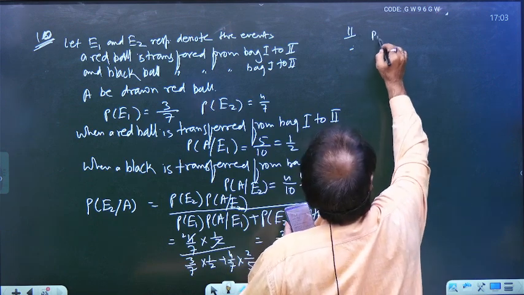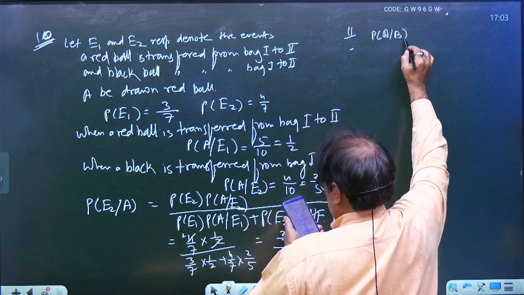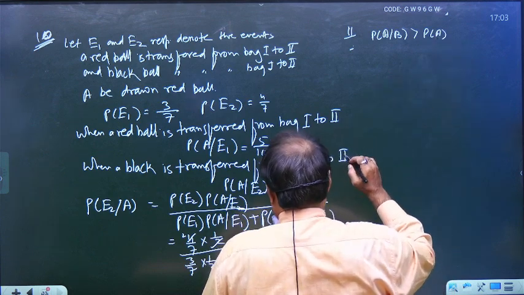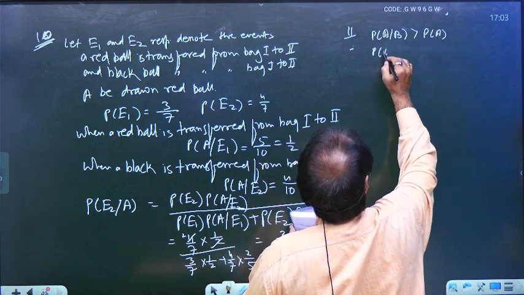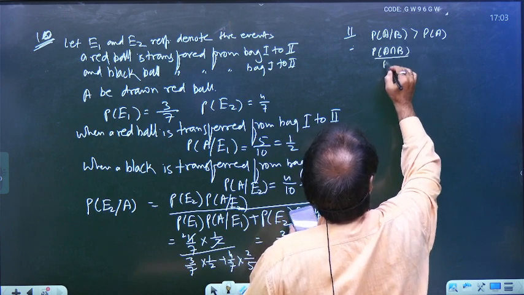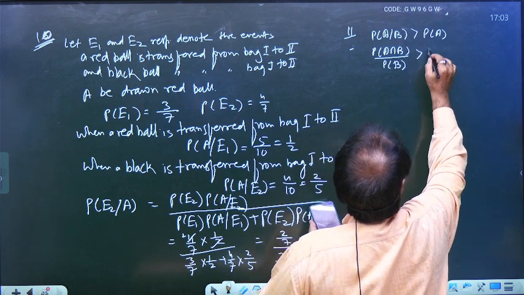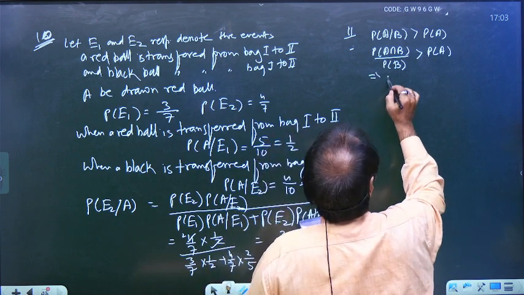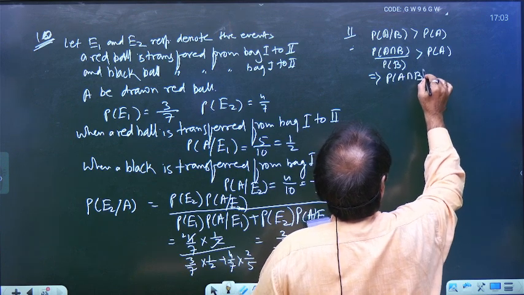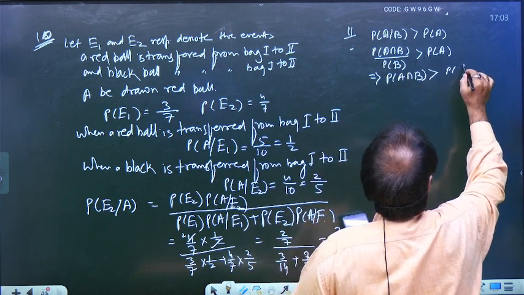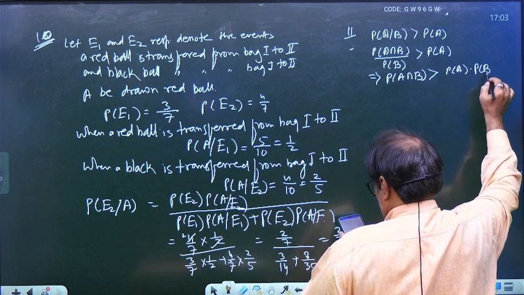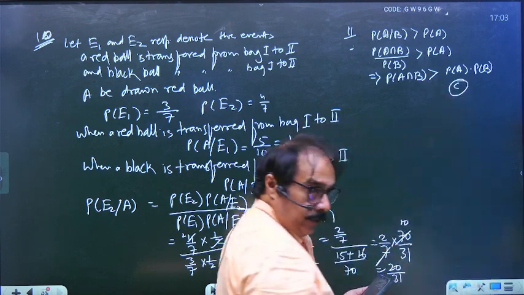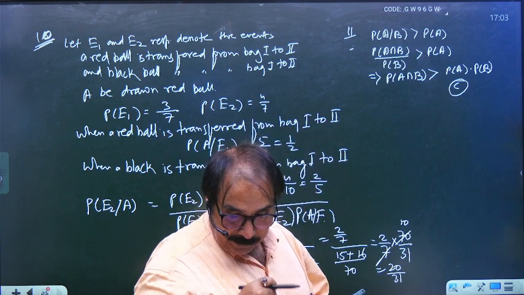What is given: probability of A by B is greater than probability of A. So probability of A by B means probability of A intersection B upon probability of B is greater than probability of A. By cross multiplication, probability of A intersection B is greater than probability of A into probability of B, right? So C is the correct option.